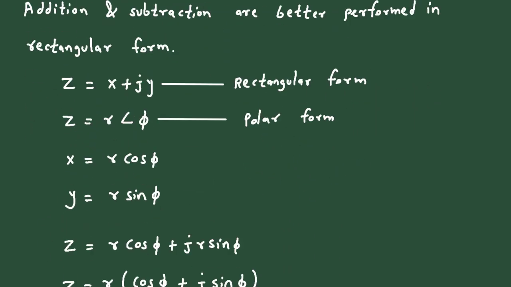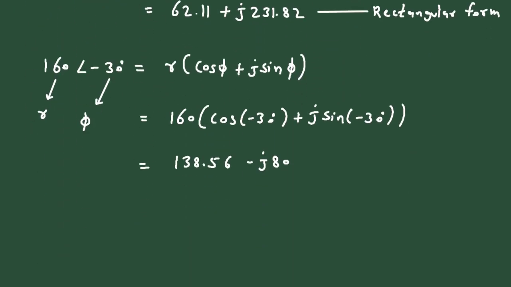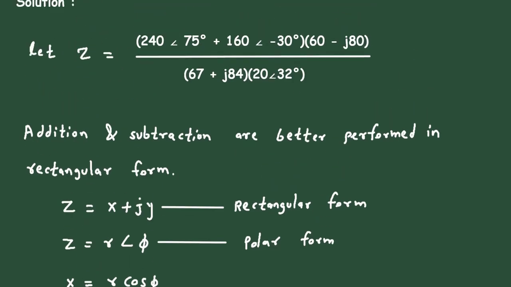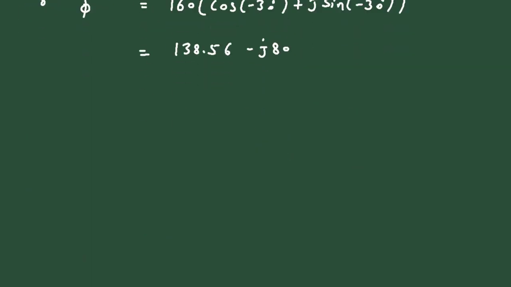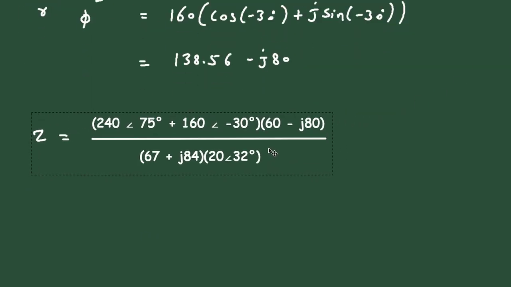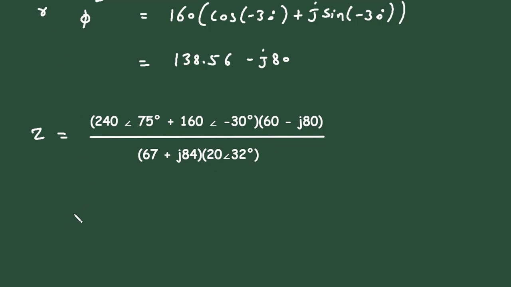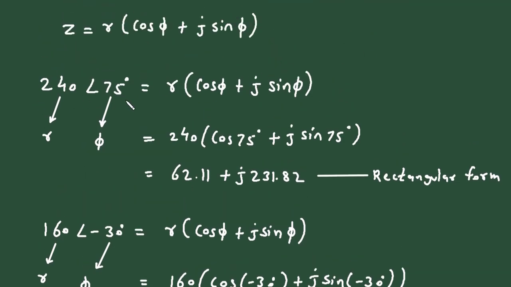So let's simplify this. Let's copy this again. Now in place of 240 at an angle 75 degree, we can substitute this value. So let's copy it from here.